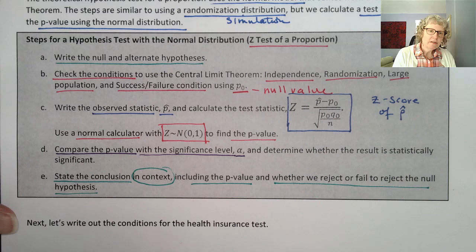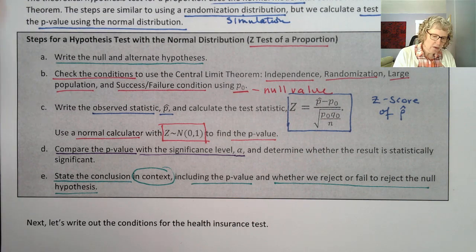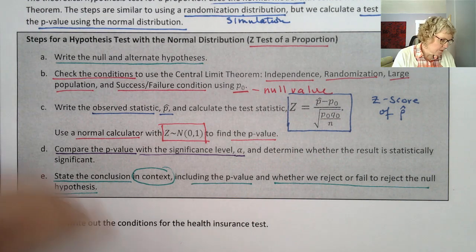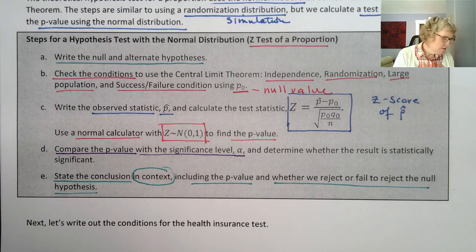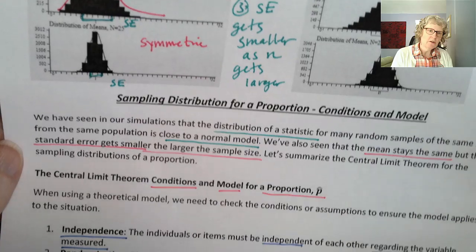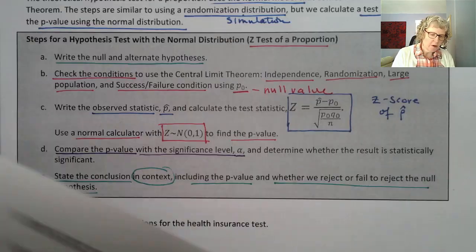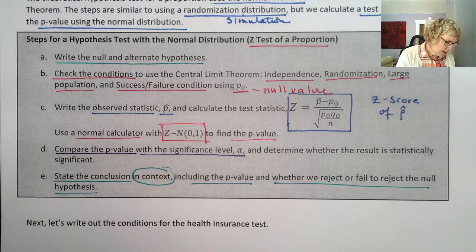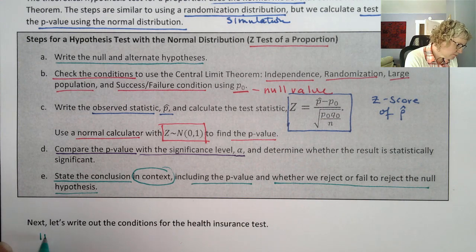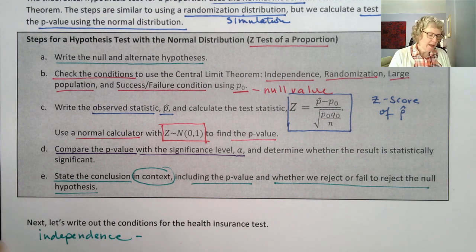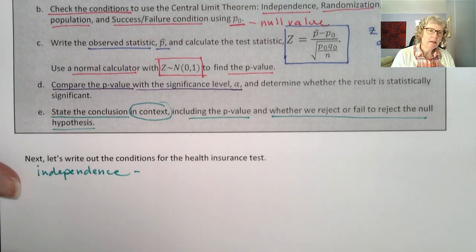Okay, so next we need to write out the conditions for this health insurance test. The conditions are on the other page with a little more detail. So I'm going to follow those steps. Okay, so independence. We always want to write out what we need.